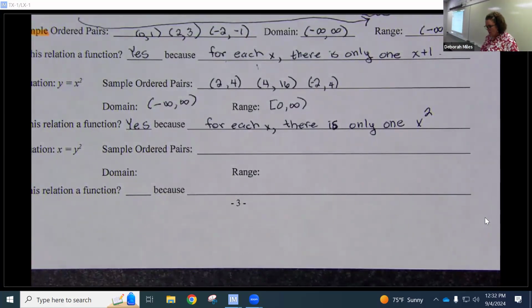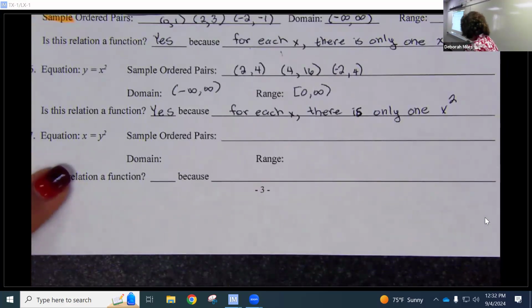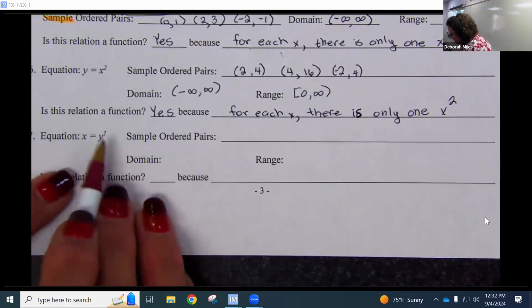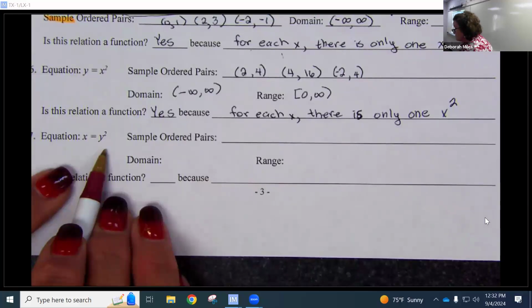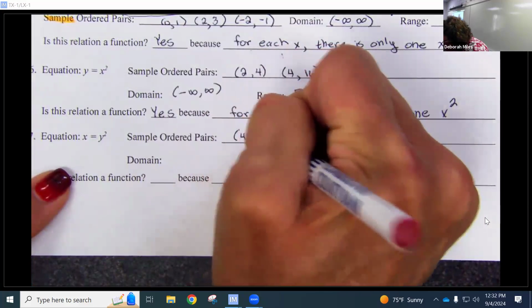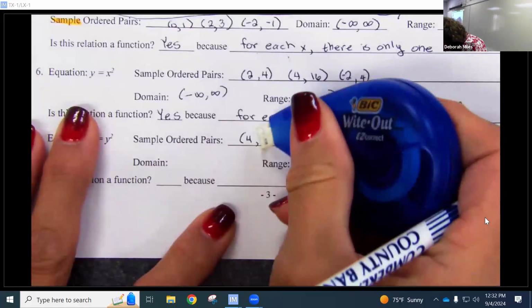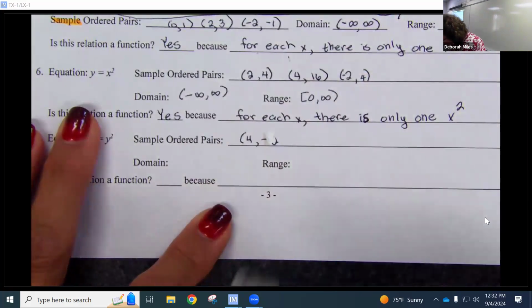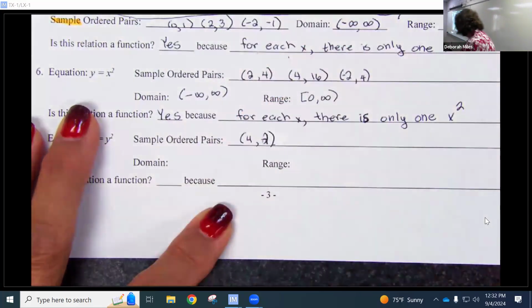Right? What about number 7? Can you give me some ordered pairs where the x is the square of the y? Two. Oops, I don't know why I wrote -2 when you said 2. Yeah. Or 2.